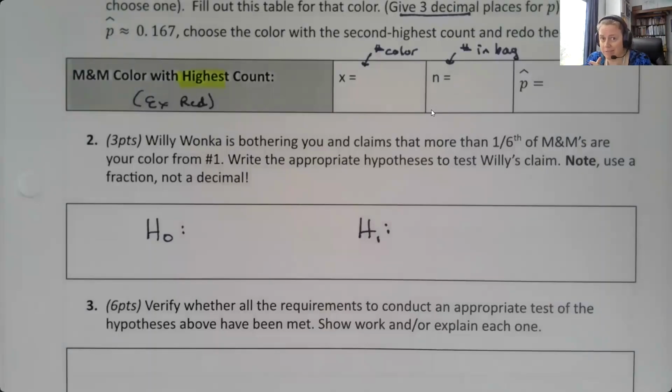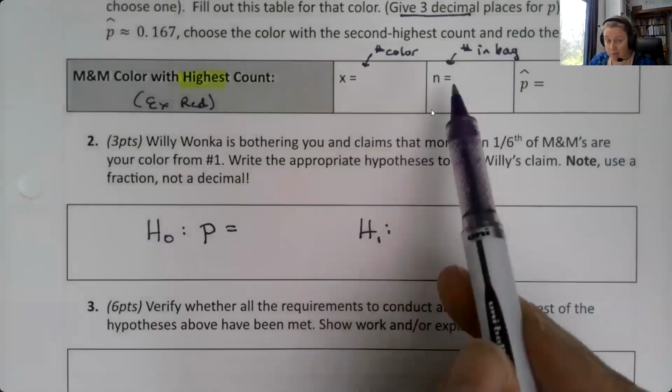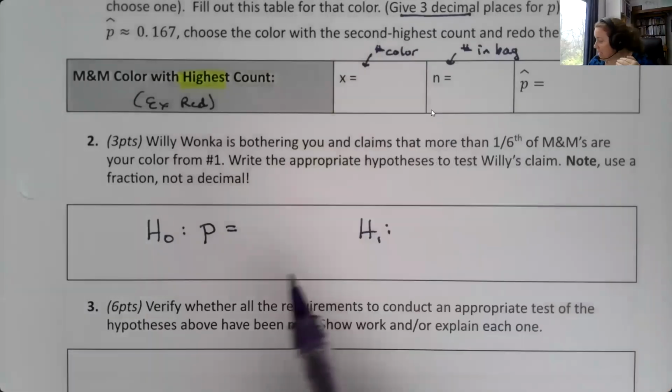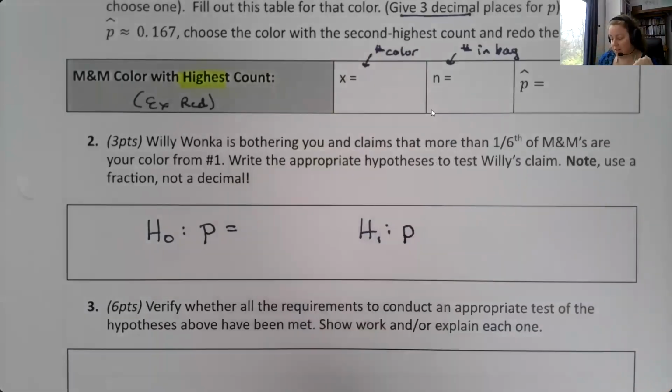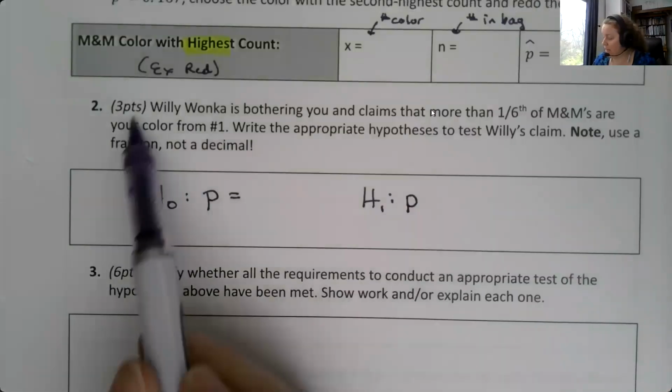Oh yeah, it's proportions. Your bag was a sample, right? Your bag was the sample, and it's going to be P equals and P something, and you're going to figure that out from what was written right up in here.